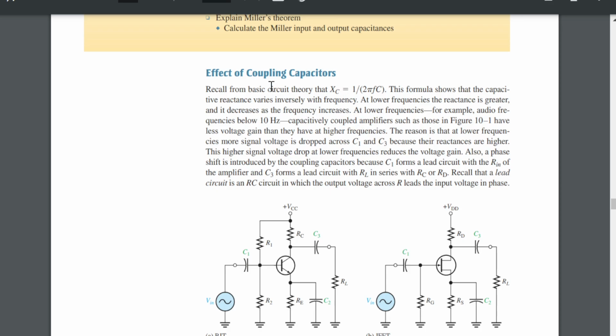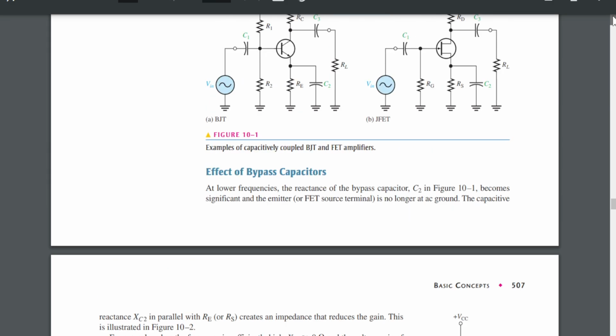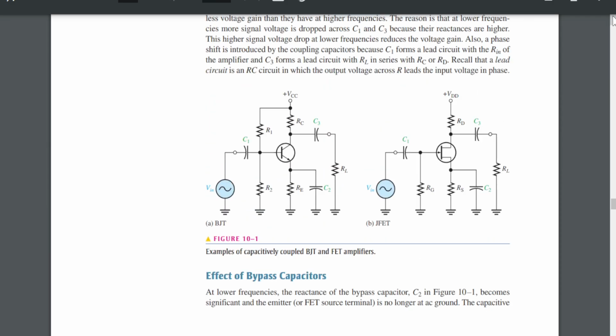Here in the coupling capacitor circuit, two capacitors are mainly used: C1 and C3, as you can see in the diagram, which show the coupling. When you give a suitable frequency using the input signal, it goes to the C1 capacitor and then to Rs, the input resistance.